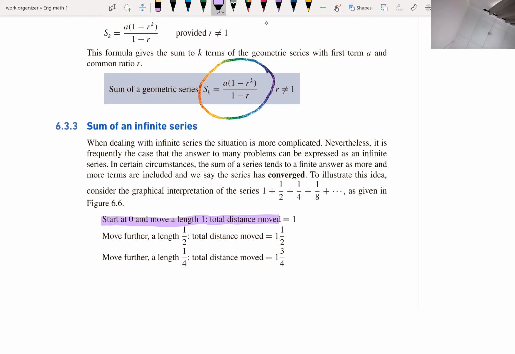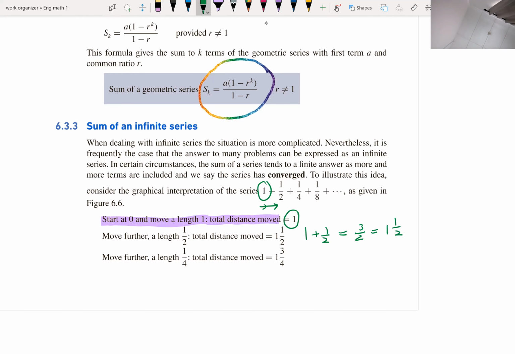So now we are moving at 1. Next we are moving to the second term, which is 1/2. So we have to add up 1 plus 1/2. So it will become 3/2.